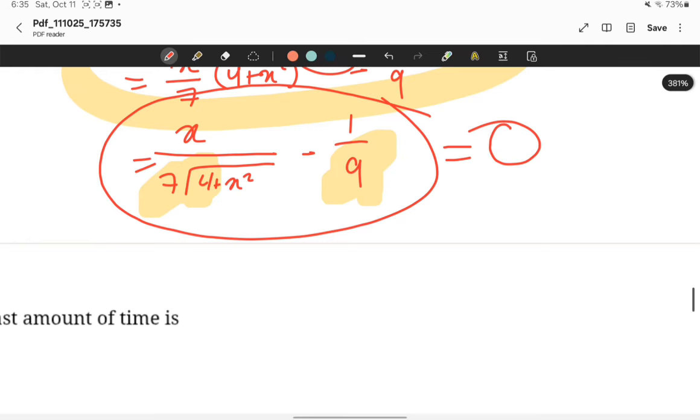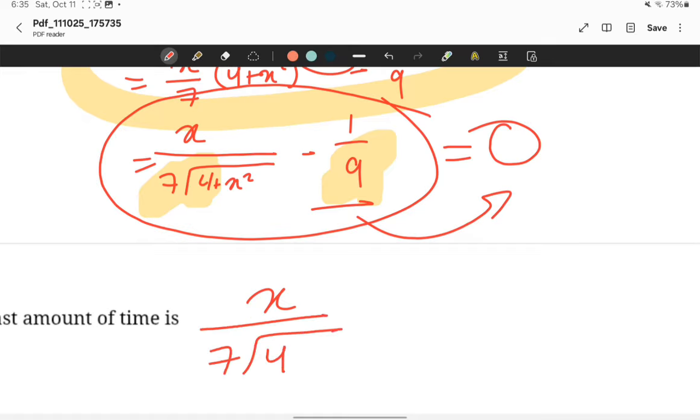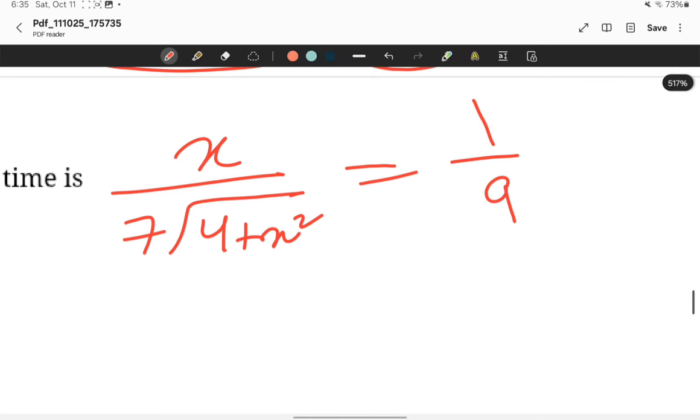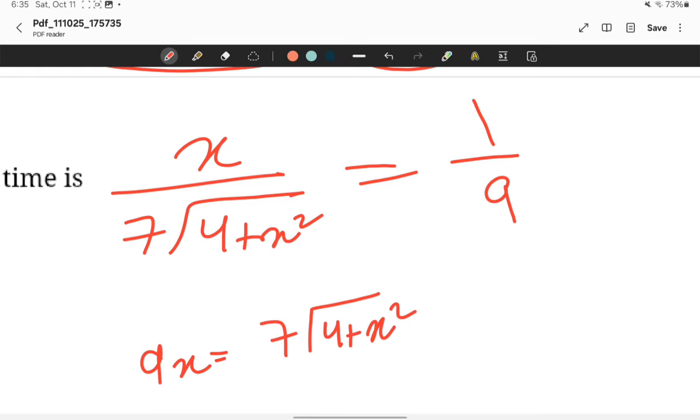So this equation, we can rewrite it here. We'll move 1 over 9 to the other side, so it becomes x over 7 radical 4 plus x squared equals 1 over 9. That means 9x equals 7 radical 4 plus x squared.